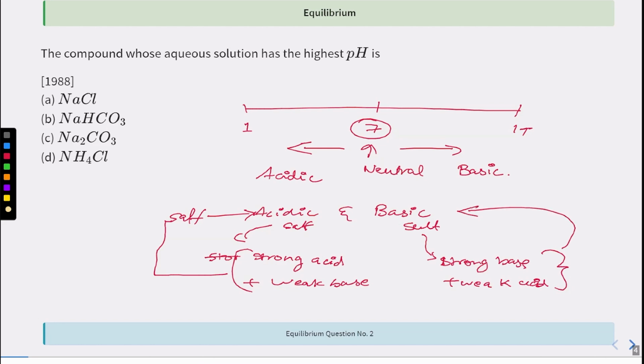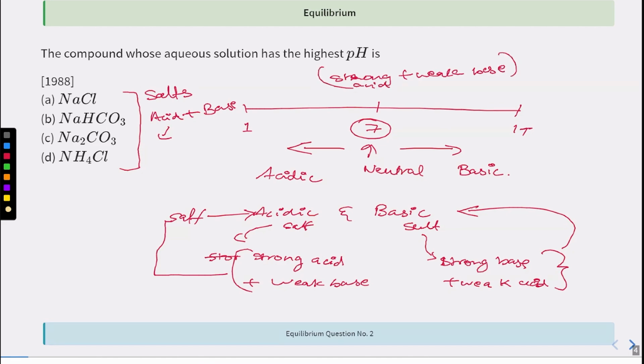Okay. So now if you actually see, all these compounds are salts, right? Salts, which are formed by an acid plus base combination. So now your job is to identify which is a strong acid, which is a weak acid, which is a strong base, which is a weak base. And by chance, if you get a combination of strong acid plus strong base, at that point your salt will become a neutral salt.